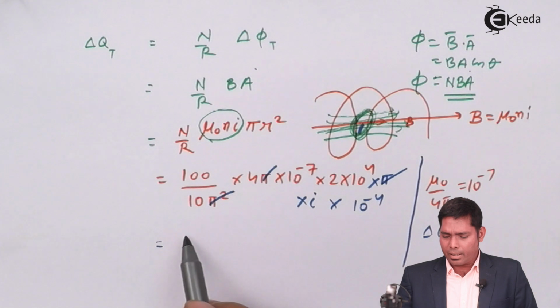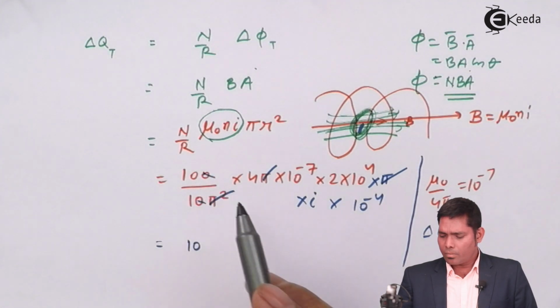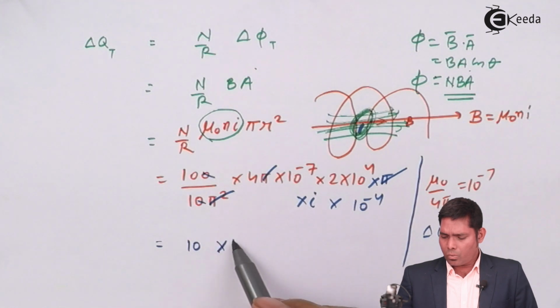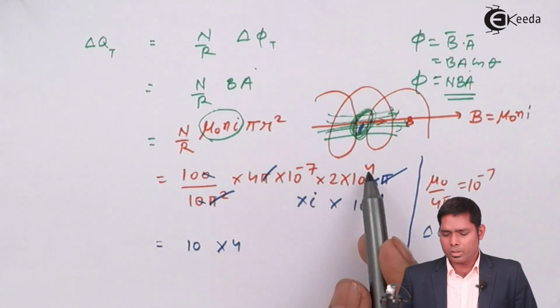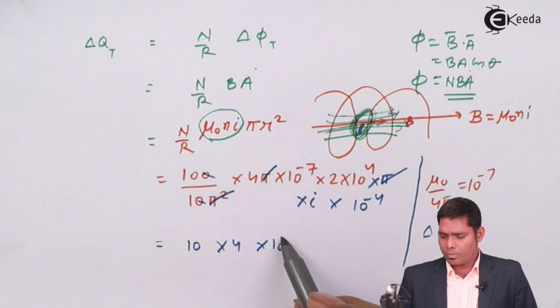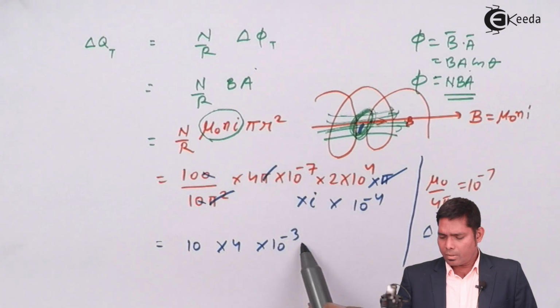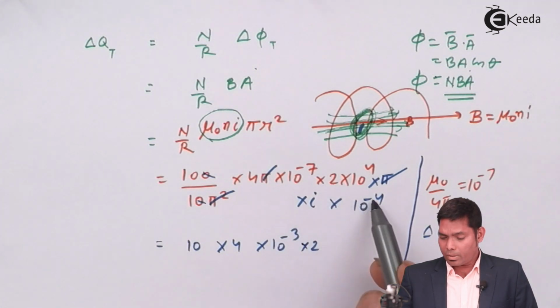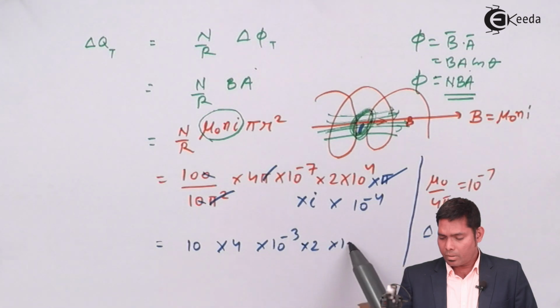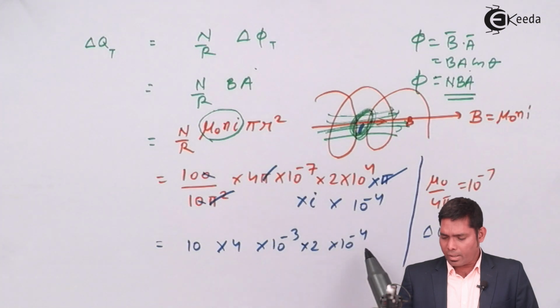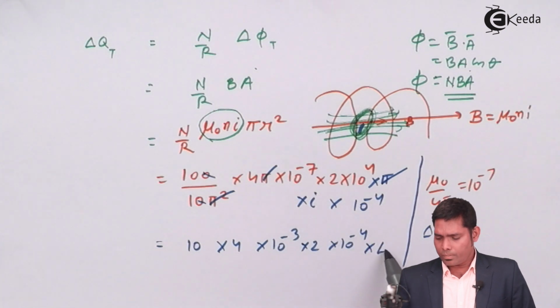If I substitute that, then this is 100, this is 10, the 10 cancels. This is 4, this is minus 7, this is minus 3, this 2 is there, and this is minus 4. And the I is obviously 4.